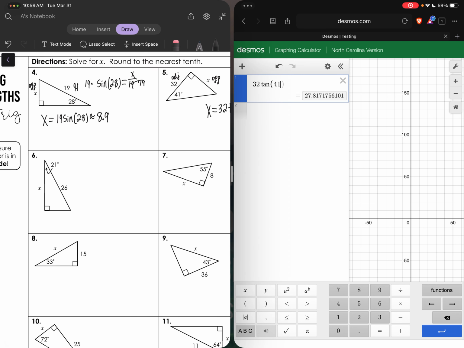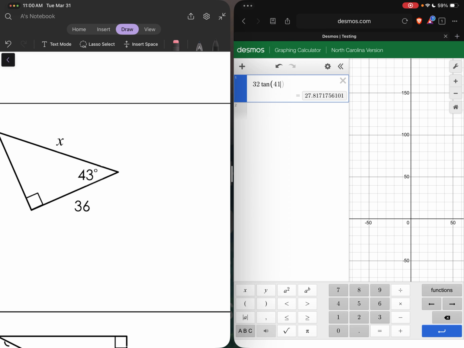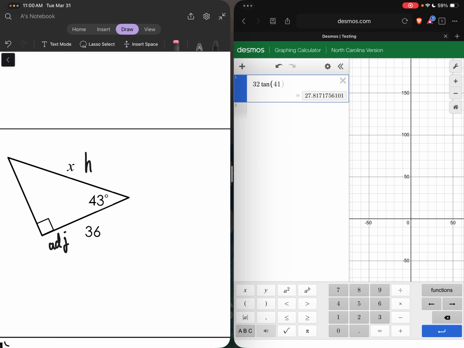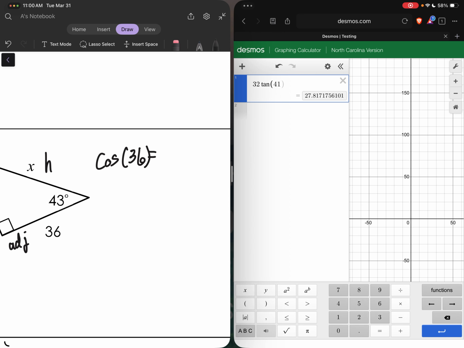Let's look at number 9. From the 43 degrees, I have adjacent and hypotenuse. This is cosine, so cosine of 43 equals adjacent over hypotenuse. Adjacent is 36 over hypotenuse x. For the exact answer, I'm going to reciprocate these, so 1 over cosine of 43 is equal to x over 36, and now I'm going to multiply by 36.